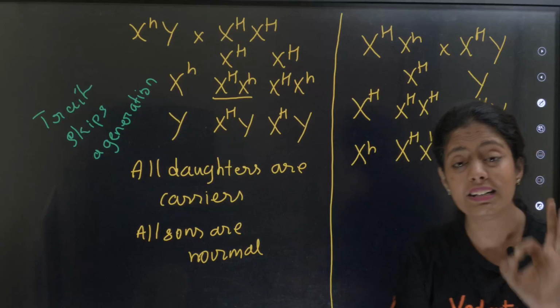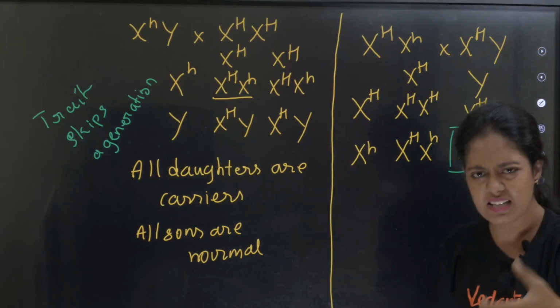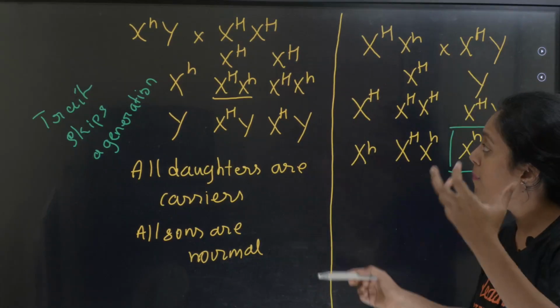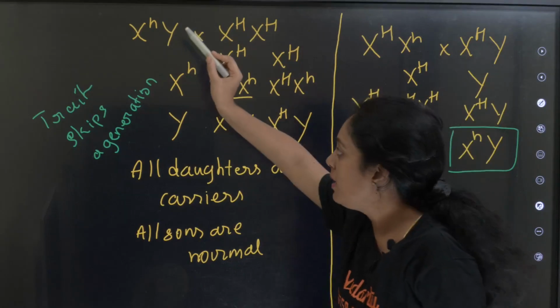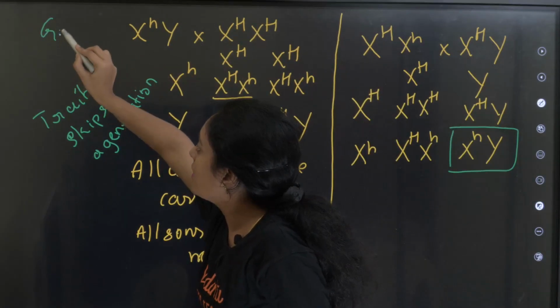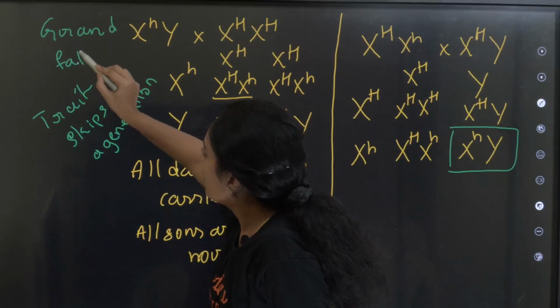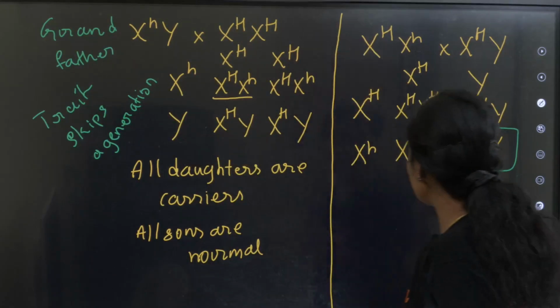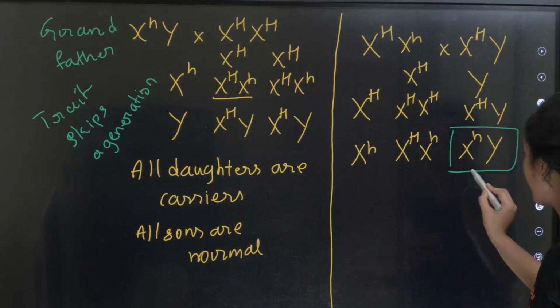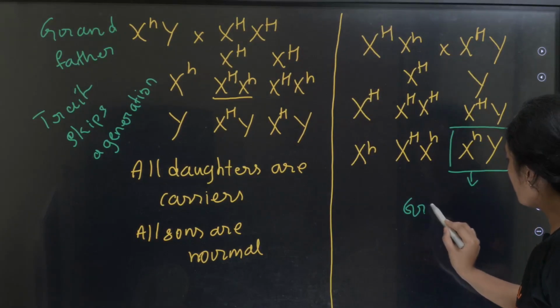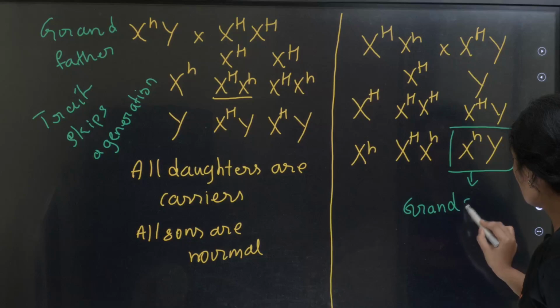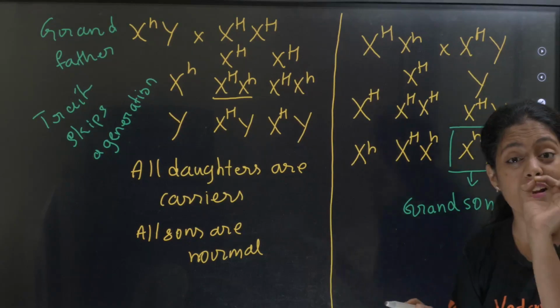And what do you see? The inheritance of a disease or a character from the grandfather, right? From the grandfather to his grandson through a carrier daughter.